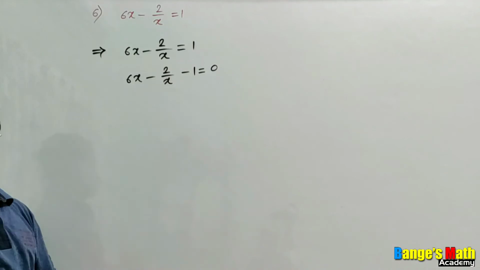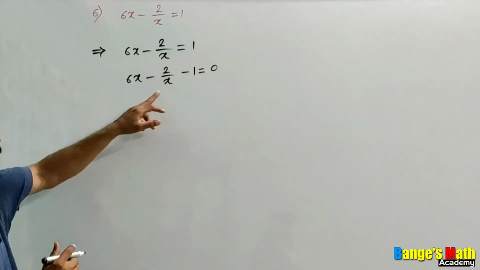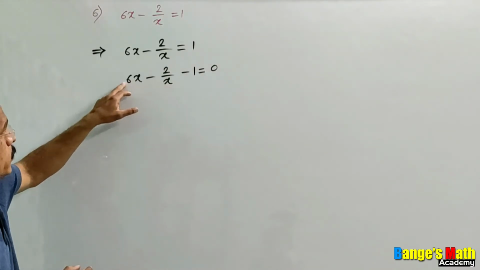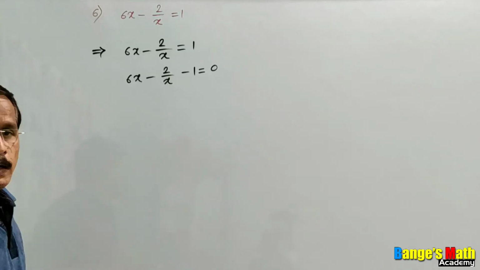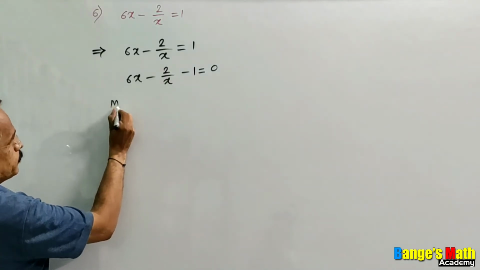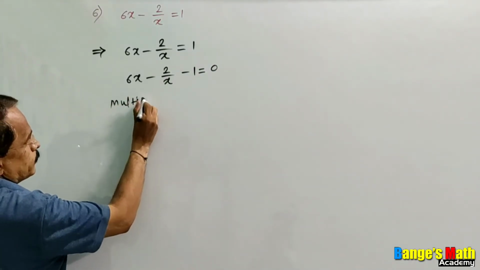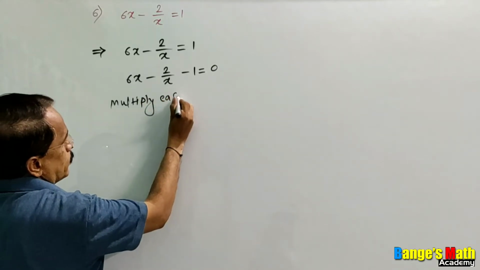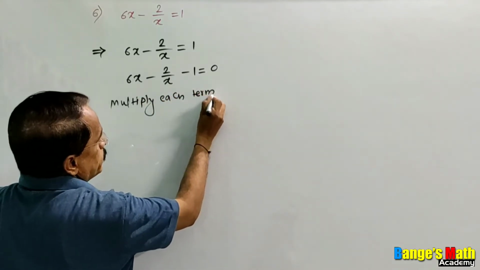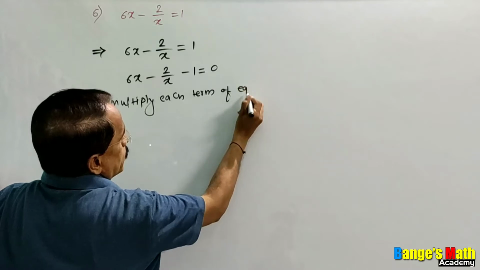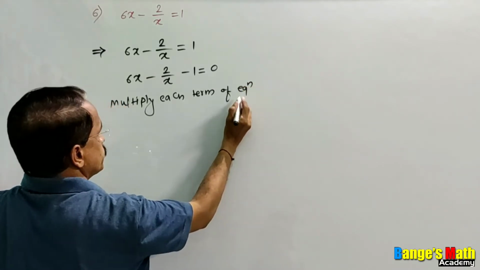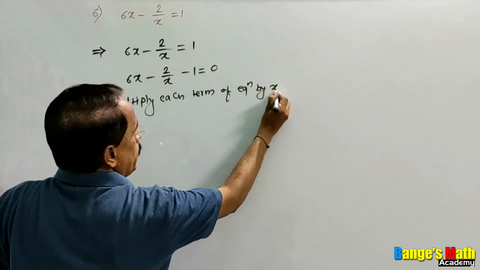We have to convert the given equation into the general form ax square plus bx plus c is equal to 0. So to eliminate this x, multiply each term of the equation by x.